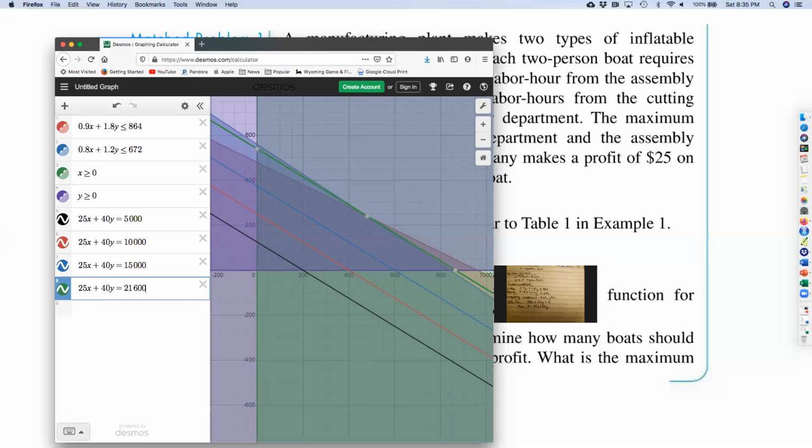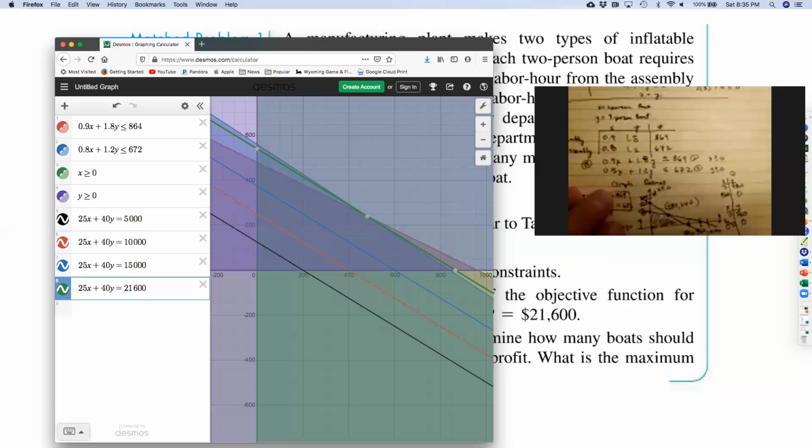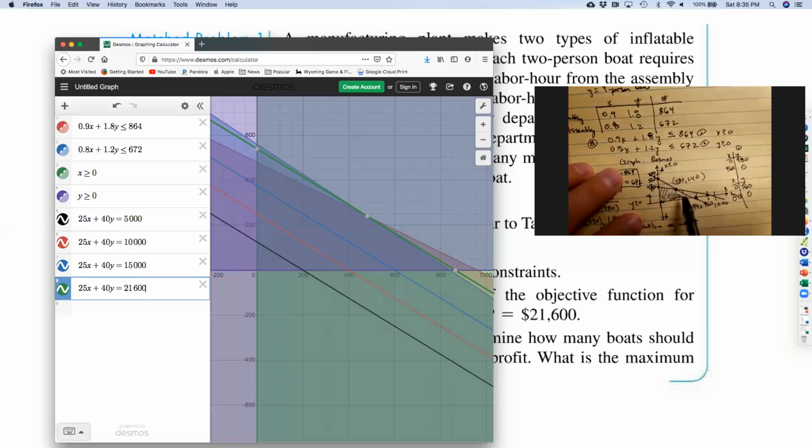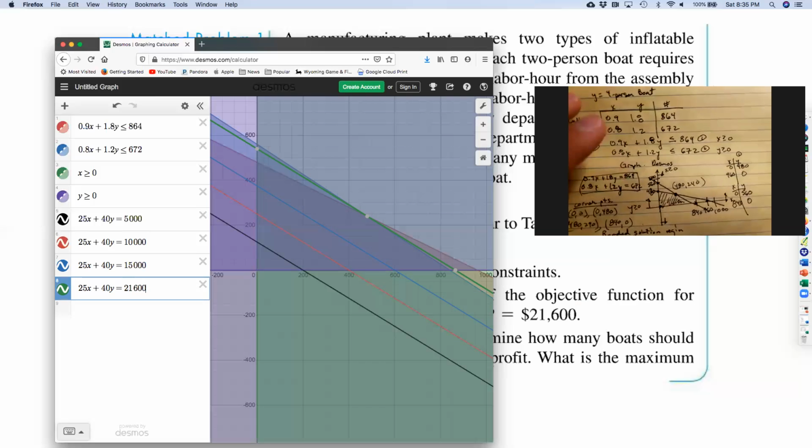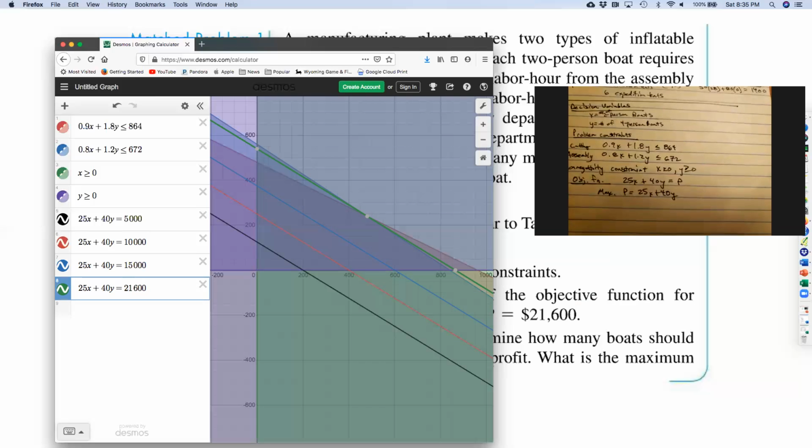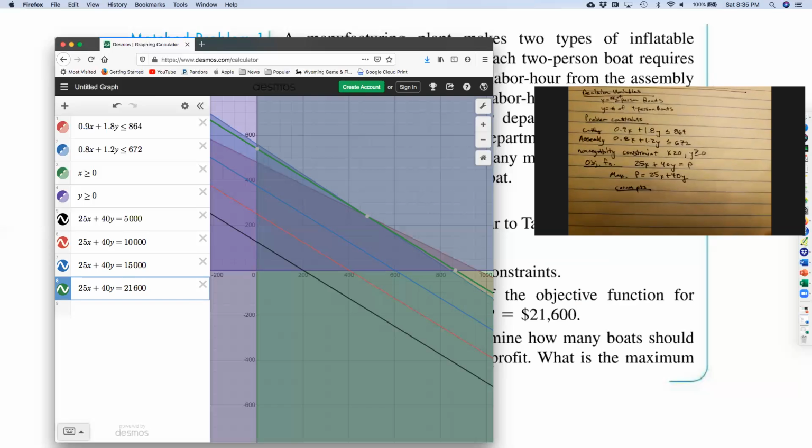And I think that is that allocation of what we said previously when we graphed this out. I'll make this bigger so you guys can see it again. That is the allocation of 480 and 240 from when we graphed out this problem. So if we were going to do the corner point solution, we put in those corner points that we knew before.